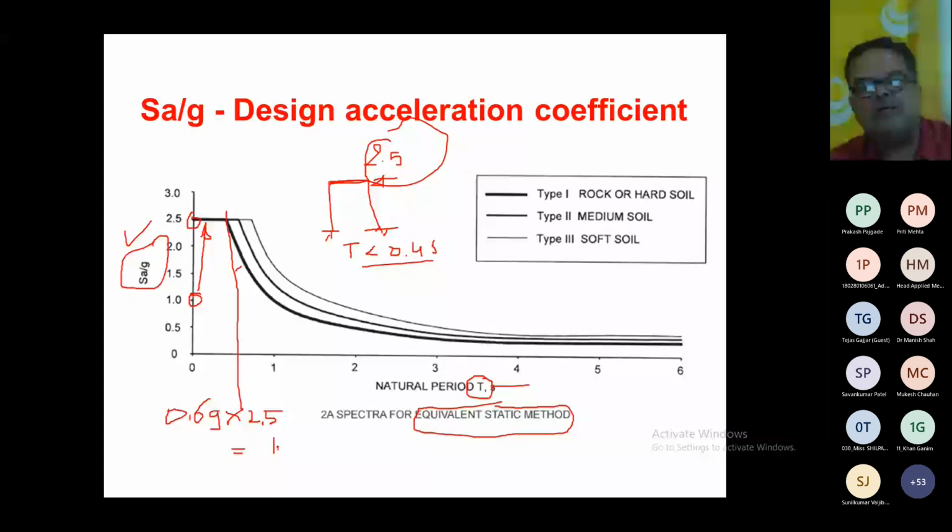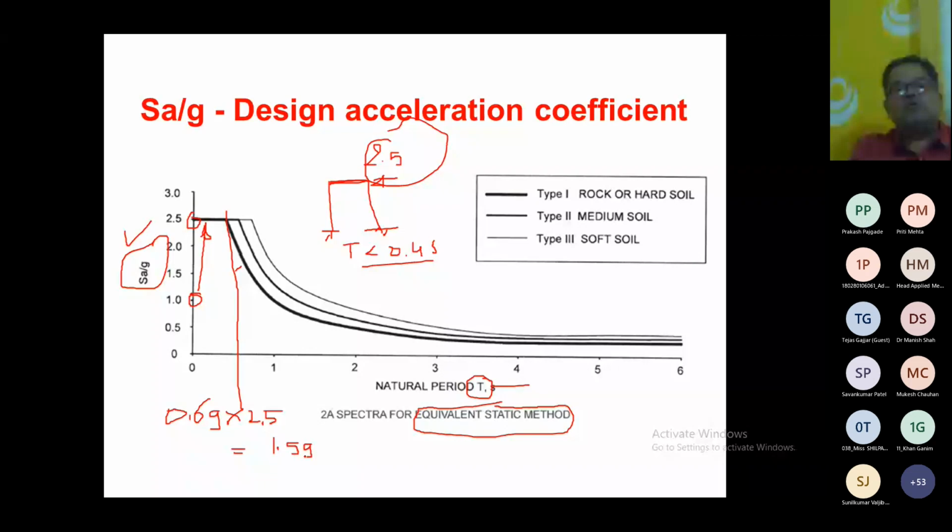It is 1.5 g. Remember, 1.5 g means the weight of the building is 1 g. Suppose the total weight of a building is 1000 kilonewton, for example, right? Then 1500 kilonewton load is acting in the horizontal direction. Now imagine how much load is acting in the horizontal direction.